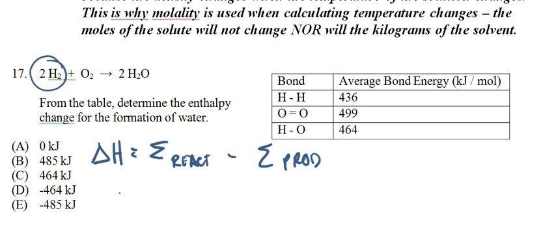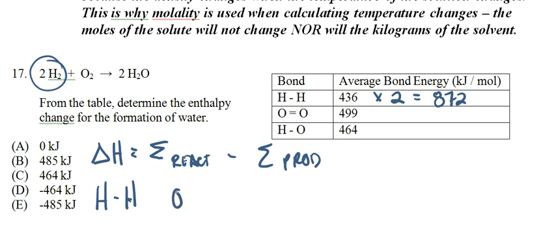We have 2 hydrogens. The way we do this is we draw the Lewis structure. So if I have 2 hydrogens, I'm breaking 1 hydrogen-hydrogen bond within each molecule. So now I've got that times 2, which is like 872. Let's just throw that out there. And I'm guesstimating here, and that's what you're going to have to do as well.